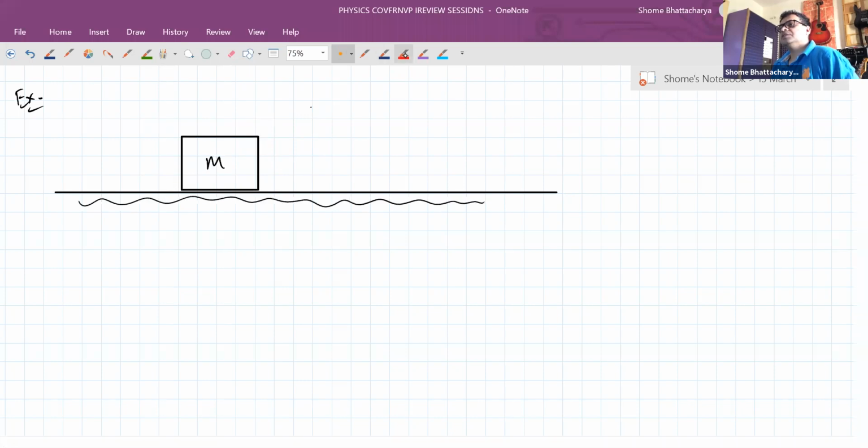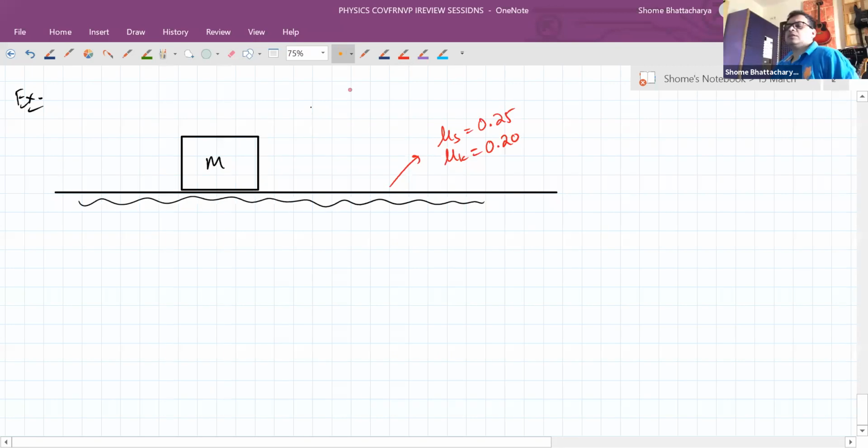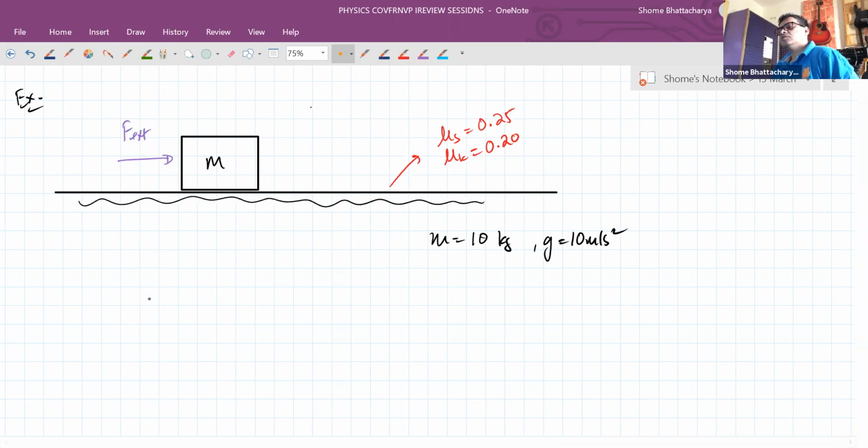For this surface, it is given to us that the coefficient of static friction is equal to 0.25 and the coefficient of kinetic friction is 0.20. The mass of the block is given as 10 kilograms. We're taking g as 10 meters per second square. Now on this, we start applying a horizontal external force. Initially, the block is at rest.